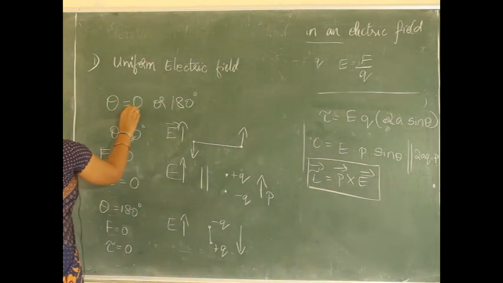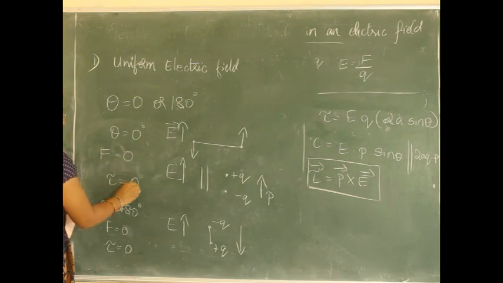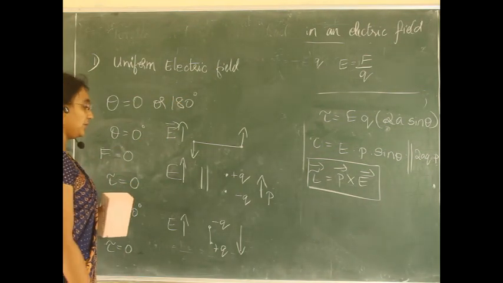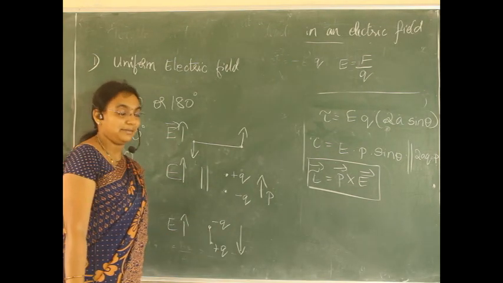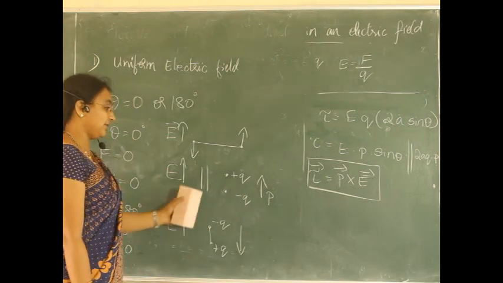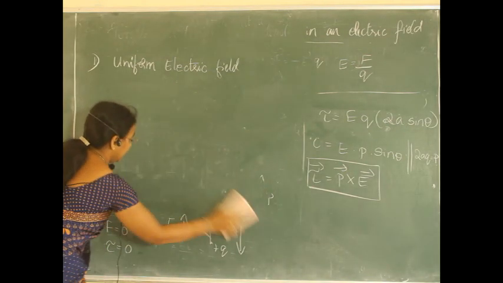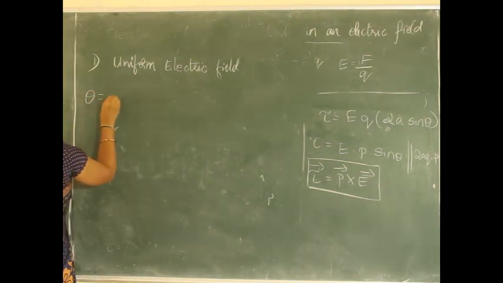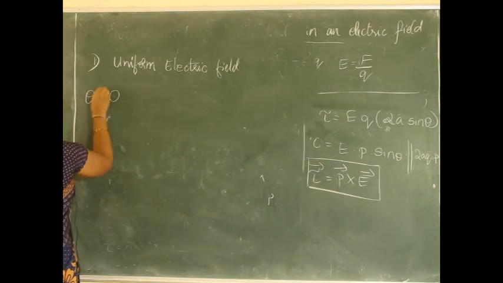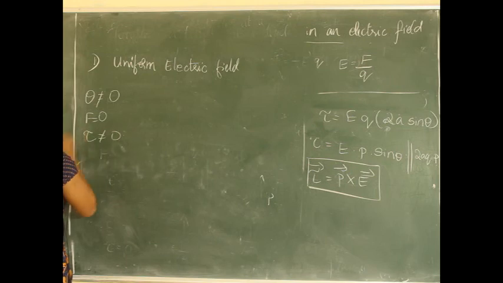So in this condition, theta is equal to 0 or 180, F is equal to 0 and tau is also equal to 0. Electric field and dipole are parallel or anti-parallel. So what was the earlier condition? Just recall, if theta is not equal to 0, F is equal to 0, but tau is not equal to 0.